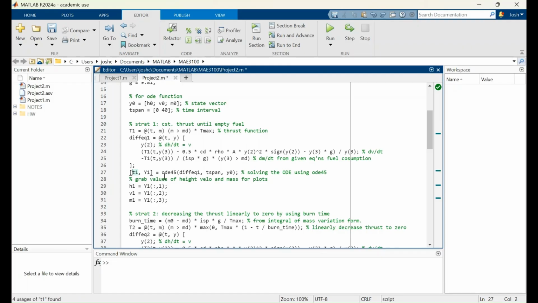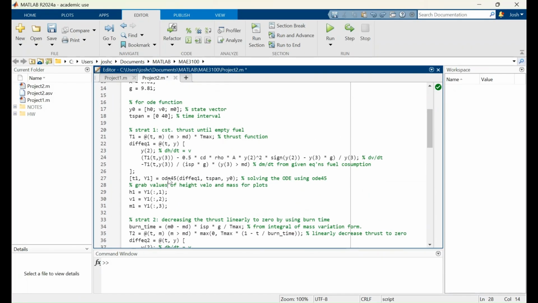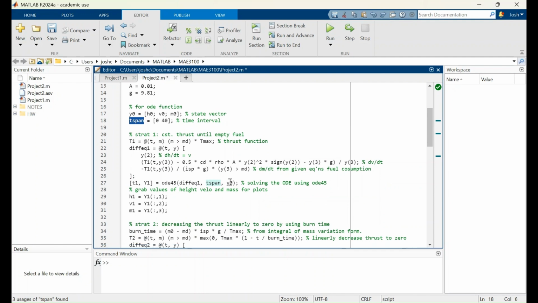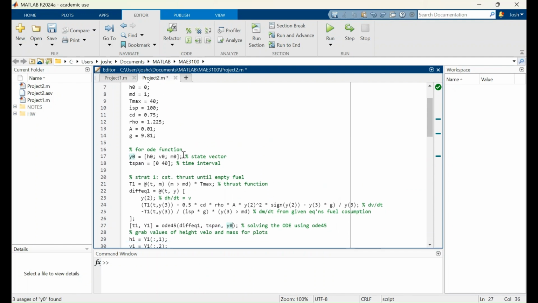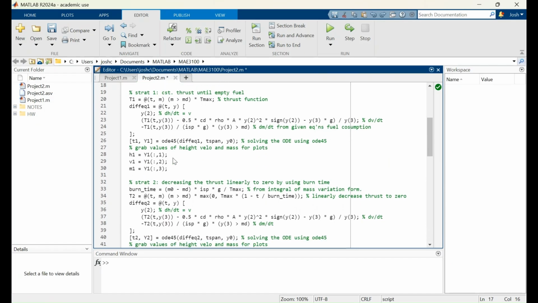Then we solve for time using our ODE45, with our first ODE, our interval of time, and our initial state vector with our position, height, and mass.